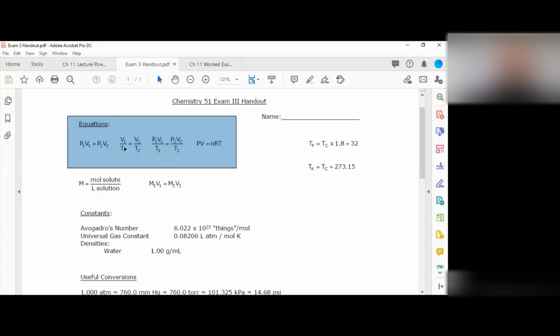So you could see 1, 2, 3, 4 gas laws. In fact, there are more beyond that, but I will be requiring those gas laws to be applied in the questions that you're going to see in the homework, quizzes, or the exam. So let's go over each one by one.